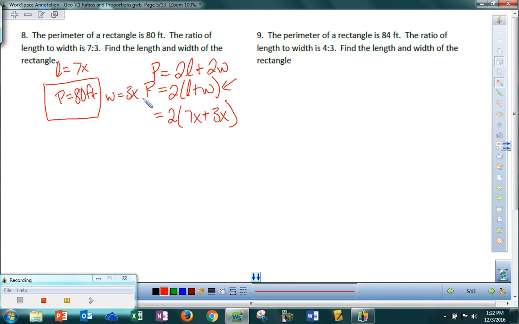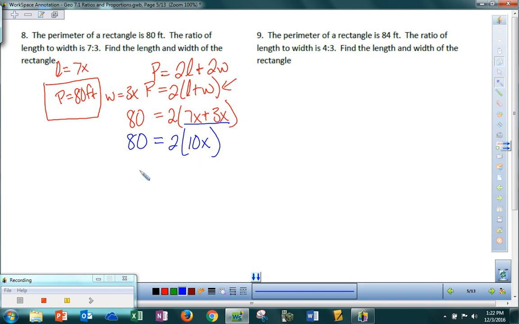Now, I'm going to go ahead and substitute P is actually 80 here. And then there's two ways we can solve this. Normally what we want to do is simplify what's on the inside first, and I'll definitely do that. And we've got 7 plus 3 is 10x equals 80. Now, two options. We can either divide by 2 and say that's 40 equals 10x.